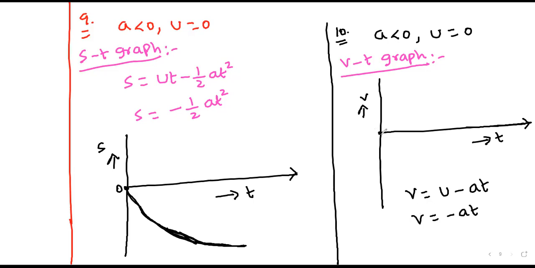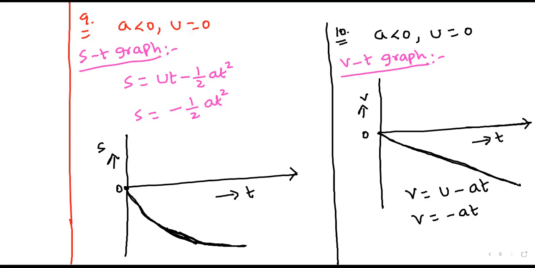So the shape of the graph will be downwards, this one. Draw the diagram. Finished?